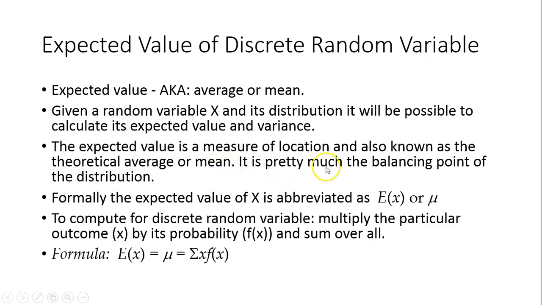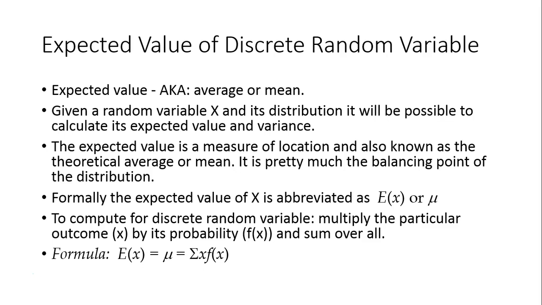It is pretty much the balancing point of the distribution. So I'll tell you what, if you put the distribution on some kind of a balancer, this is like the center of gravity point, okay?